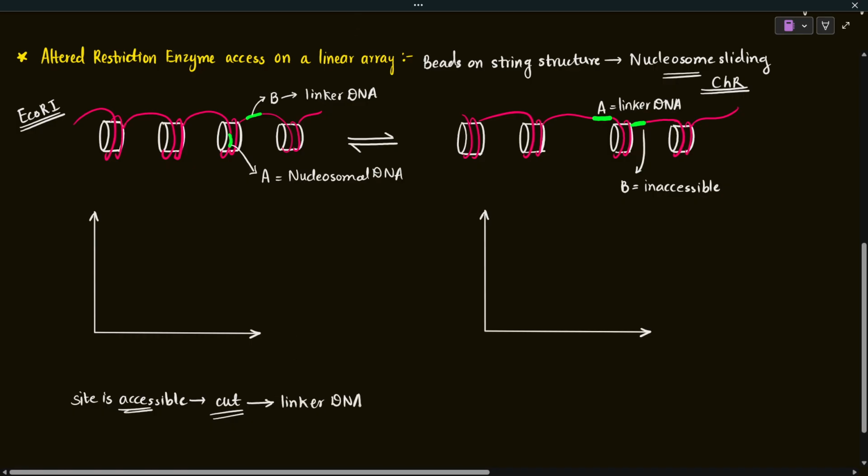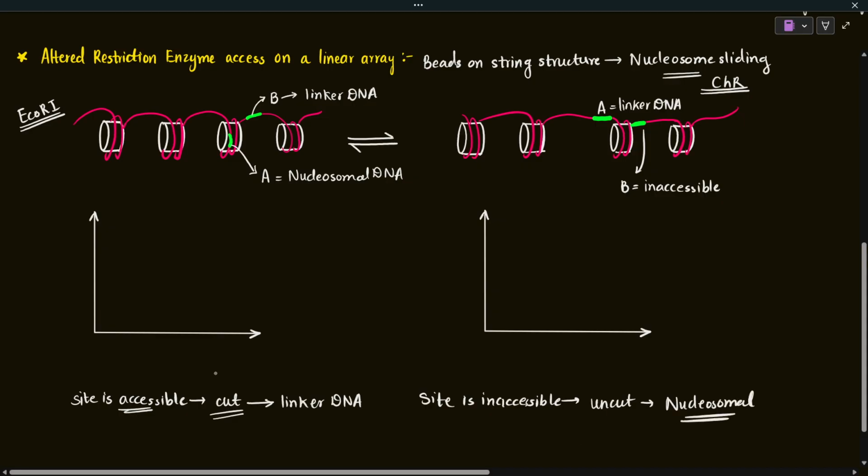So let's assume that it is in the linker DNA. And if a site is inaccessible, of course, the restriction enzyme won't be able to cut it. So it will remain uncut, meaning it is in the nucleosomal DNA.